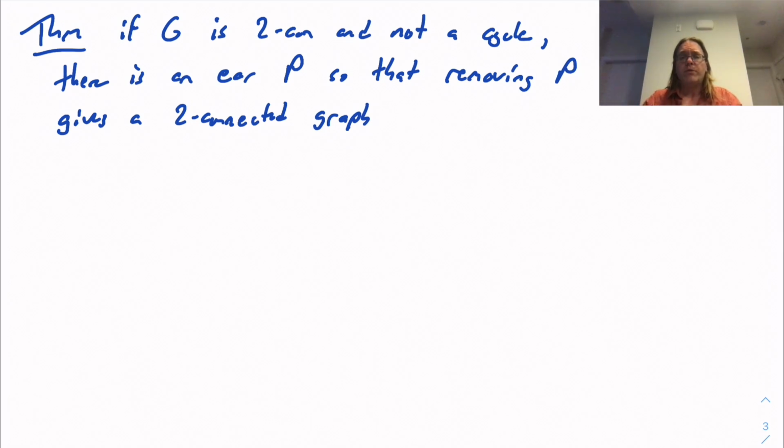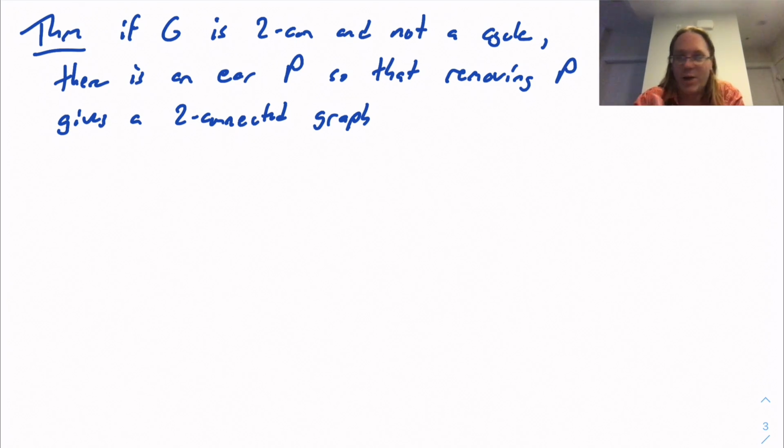Right. So anytime I give you a 2 connected graph, there's always going to be some ear of that graph so that when you rip it out, you are left with a new 2 connected graph. Oh, sorry, 2 connected graph that's not a cycle. So this bottoms out at a cycle. But if I give you a 2 connected graph that's not just a cycle, then you can always find an ear so that when you remove that ear, you leave a 2 connected graph.